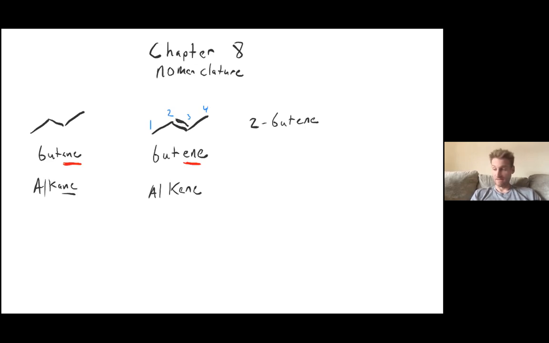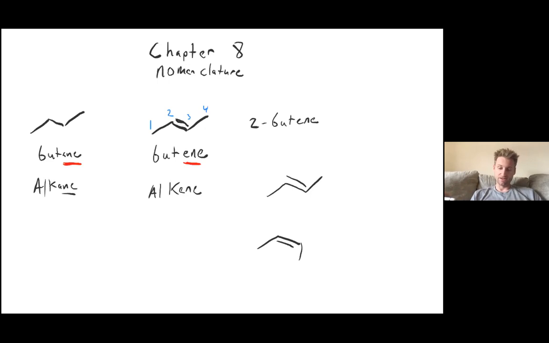So if you were to have someone tell you to write 2-butene, there would be two different options. You could either write this, or the other possibility would be to write out this here. So either a trans bond or a cis bond. Or you could also call it an E bond or a Z bond.